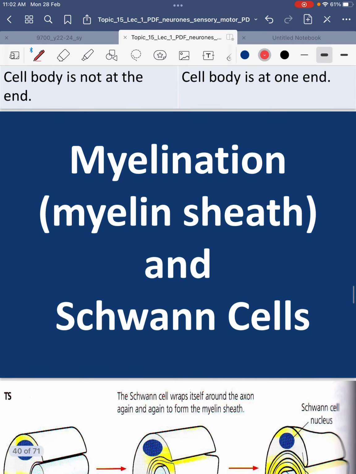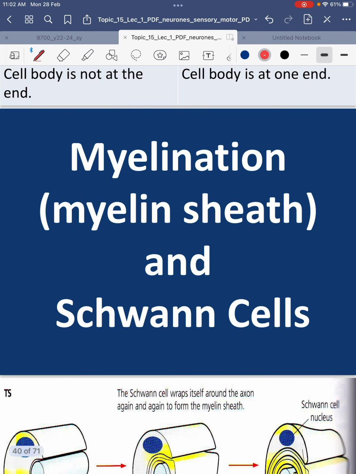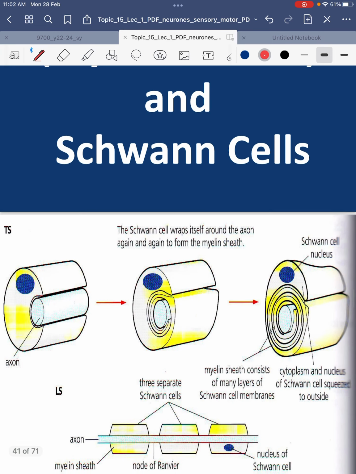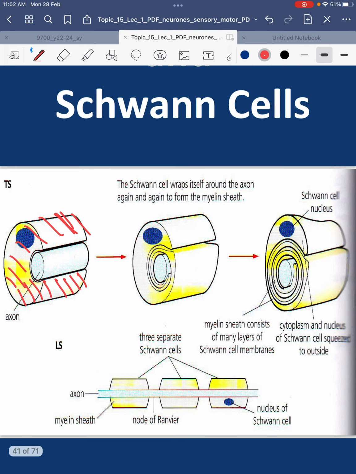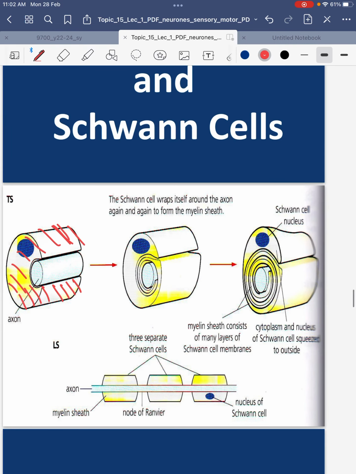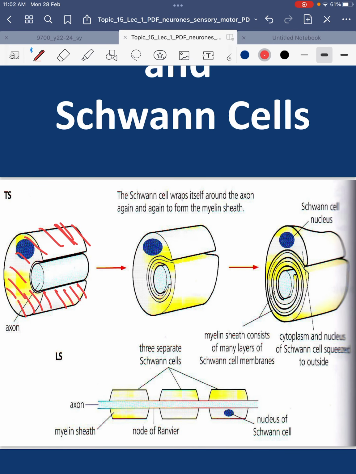Okay, myelination or myelin shield or Schwann cells. So this is the axon here. As you can see, it's wrapped by this Schwann cell. So it wraps around the myelin shield.